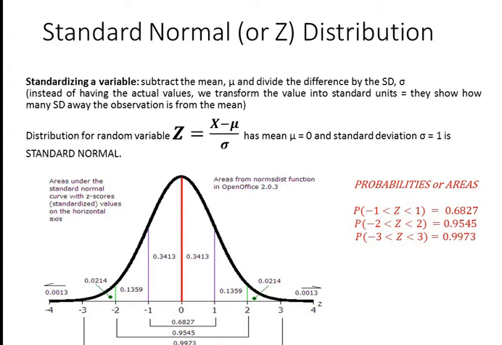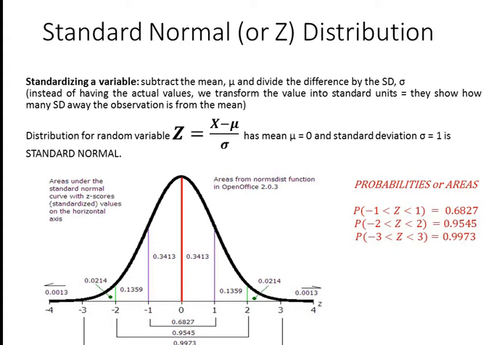Areas under the curve will stay the same, so 68% of values will still be within plus minus 1 standard deviation from the mean, but our horizontal axis will have a different scale now, with z-scores marked there.